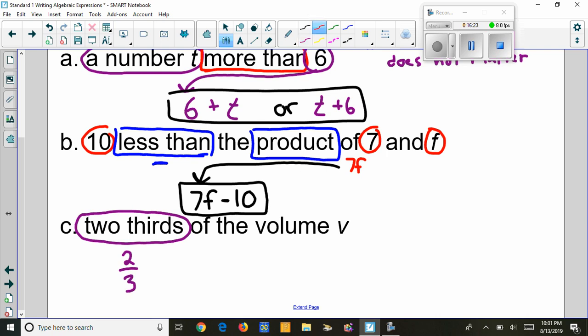And I have of. And if we look back, whenever we have of by itself, that means we're going to multiply. And I'm multiplying it by the letter V. So it's 2/3 times V, or just 2/3 V.